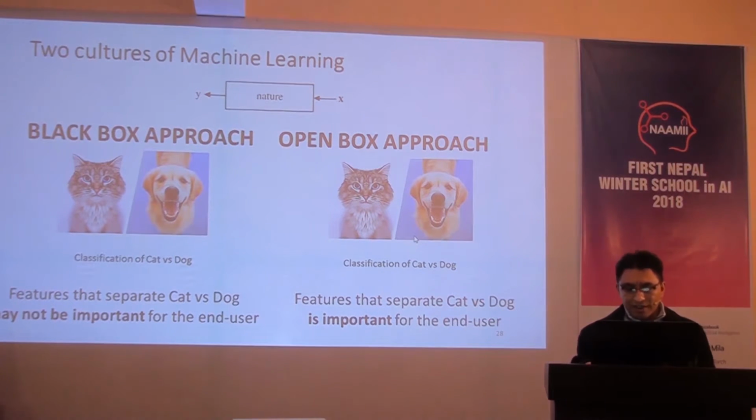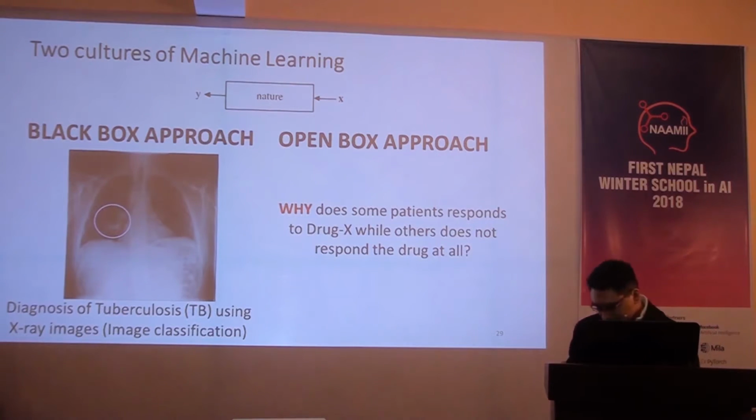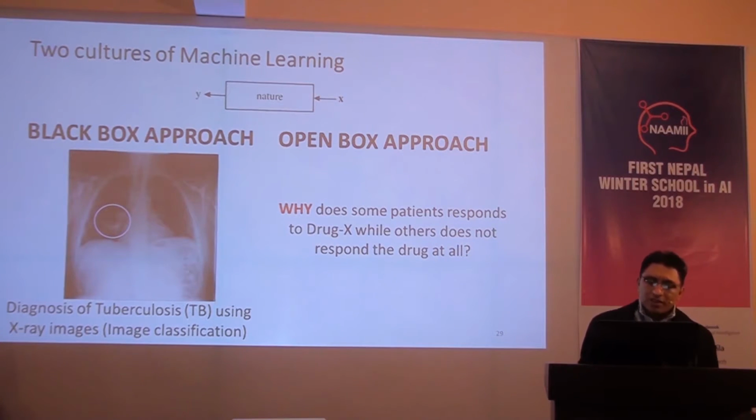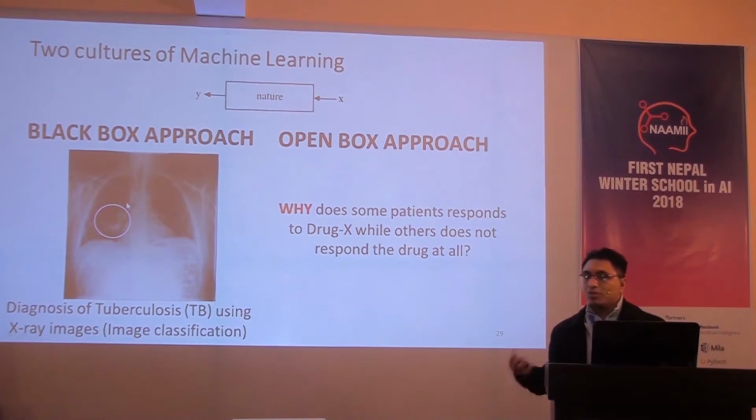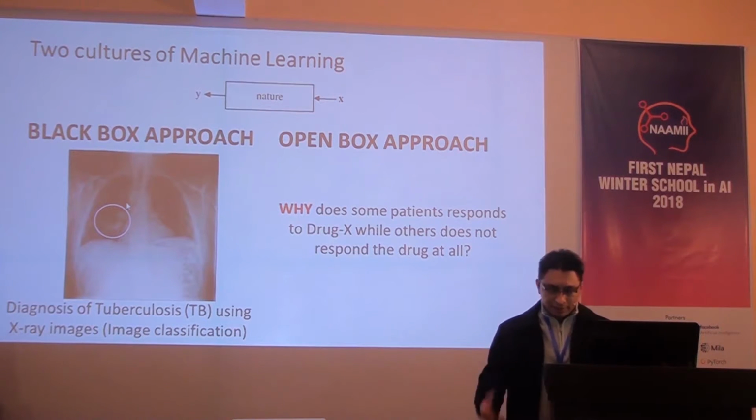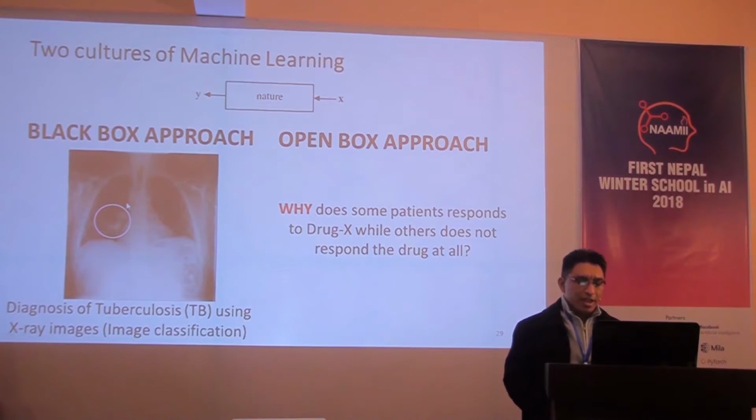So just to clarify this further, in the black box approach, say we are dealing with a diagnostic problem. We have, say, an X-ray image of a chest from a human body, and we want to detect tuberculosis by looking at that image.